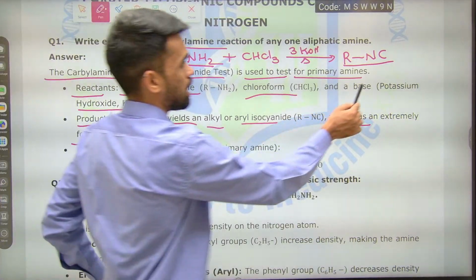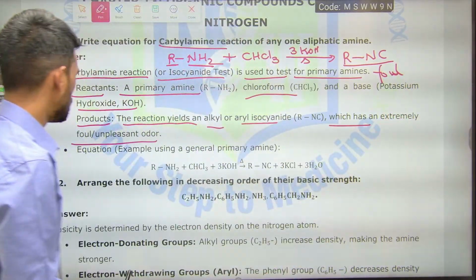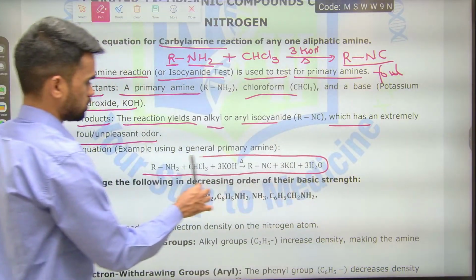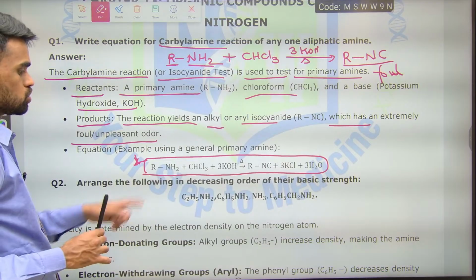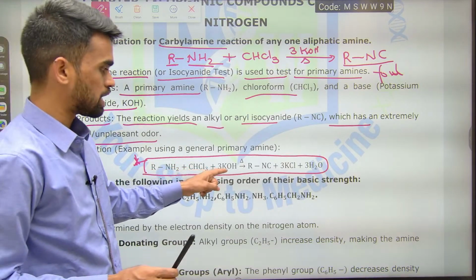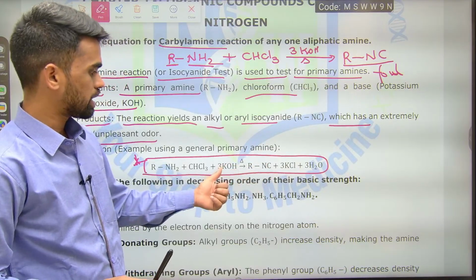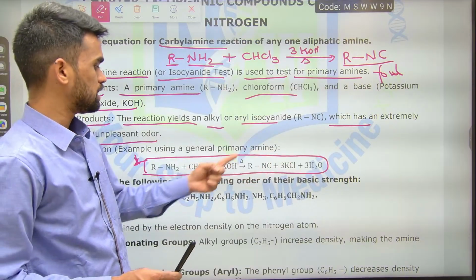So it will have a very bad smell, you can write. This is the final equation you can mention. Primary amine plus chloroform plus 3KOH, upon heating, gives alkyl isocyanide plus 3KCl and 3H2O.